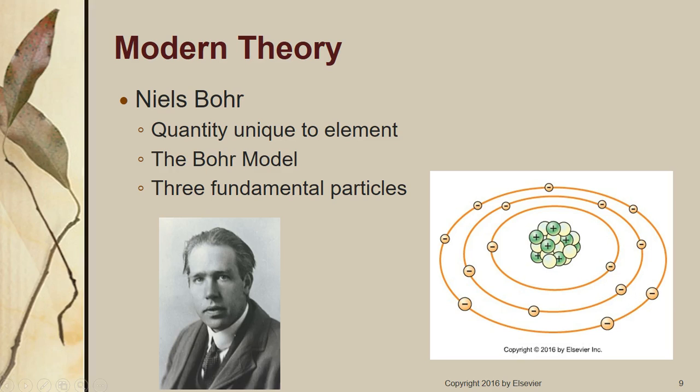And he did that based on quantum theory, that energy is transferred in certain well-defined quantities. Now, if you go out there and look for Niels Bohr's image, you will find him a lot of times sitting around with Albert Einstein, and I think that's pretty cool. So they kind of worked together when they were trying to figure this stuff out.